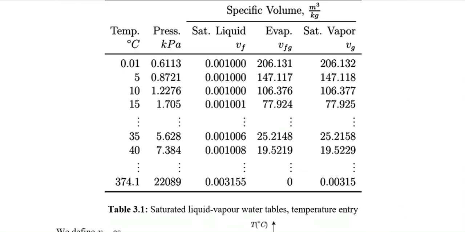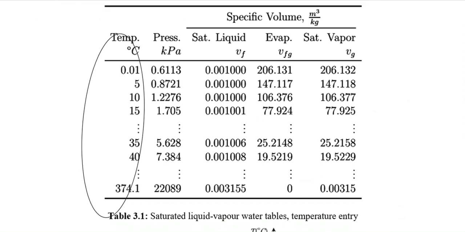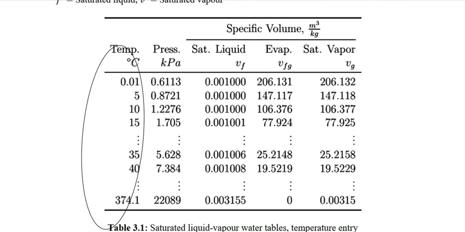We said we are talking about the temperature table. The first column is temperature, and the other columns are pressure, volume Vf, and volume Vg.